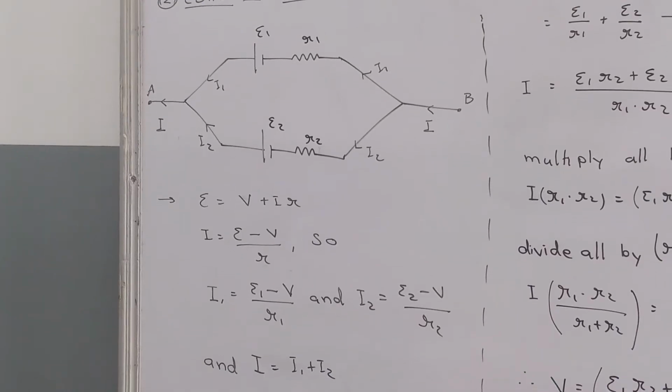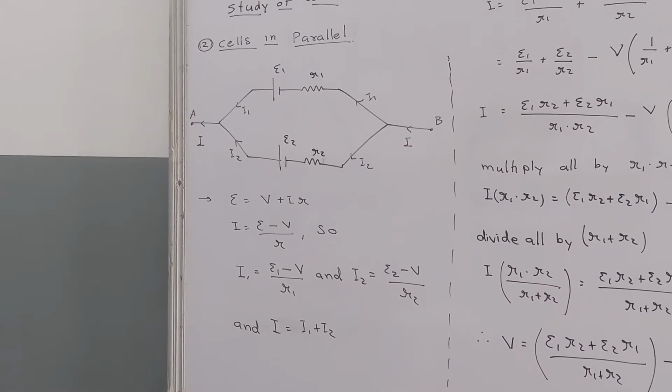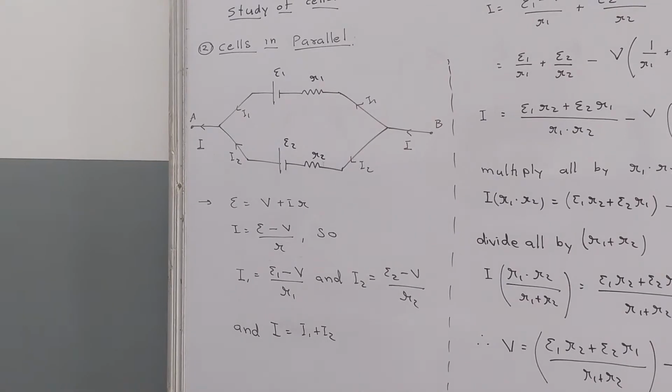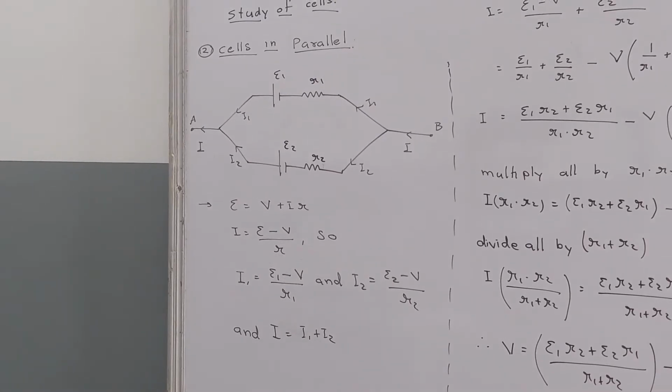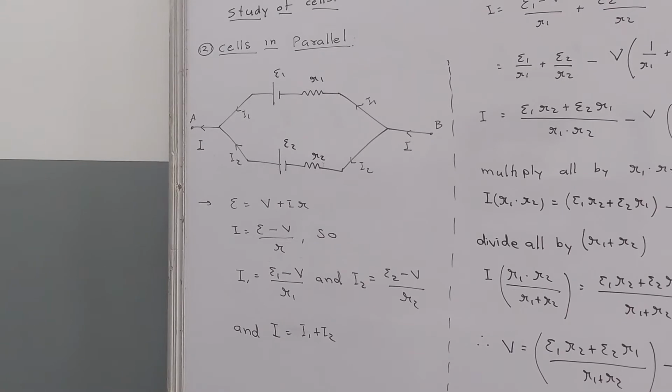Now coming to the second derivation, what will happen if two cells are connected in parallel? See, the purpose of this derivation is to find out that if cells are connected in any way, what EMF we will get and what internal resistance we will get.